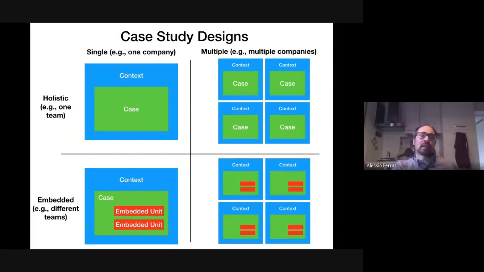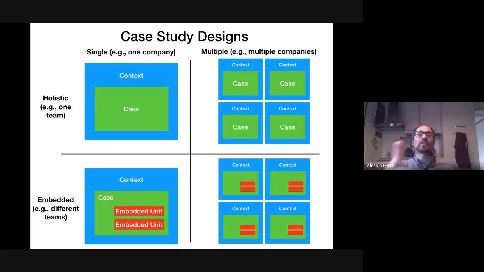For example, in a large company, you can compare the usage of this requirements review tool by developers and by requirements analysts. So you have two embedded units, the group of requirements analysts and the group of the developers, and you want to compare. The same thing you do when you have multiple companies.